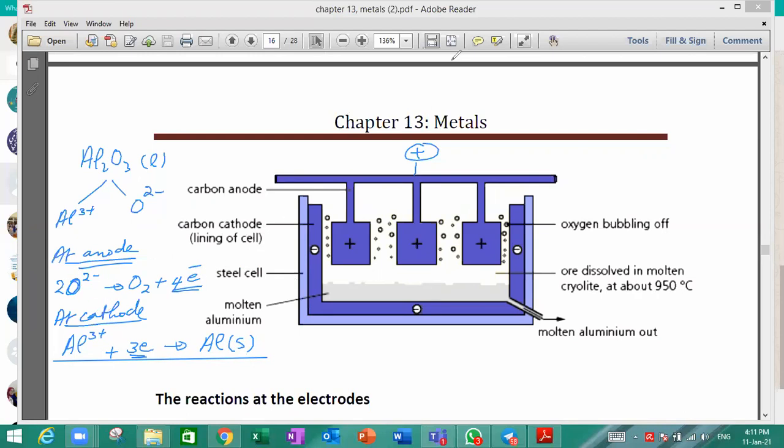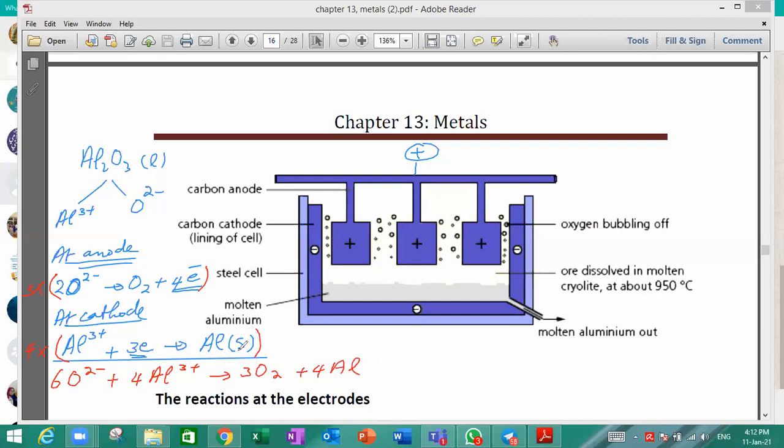That's why we have to multiply the first equation by 3 and the second equation by 4 to get the overall reaction, where we will see that 6 oxide ions will react with 4 aluminium ions to form 3 oxygen gas plus 4 aluminium metal.